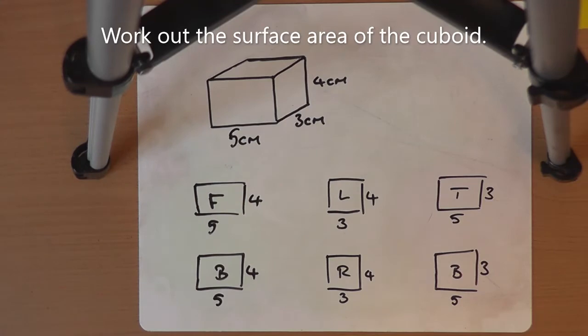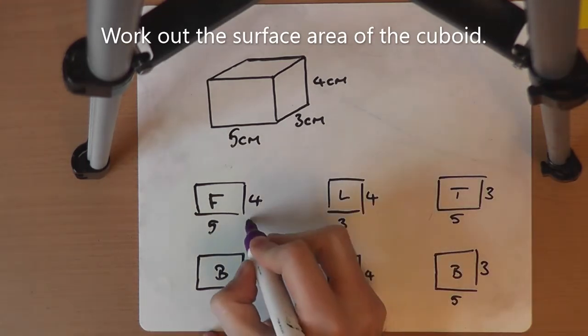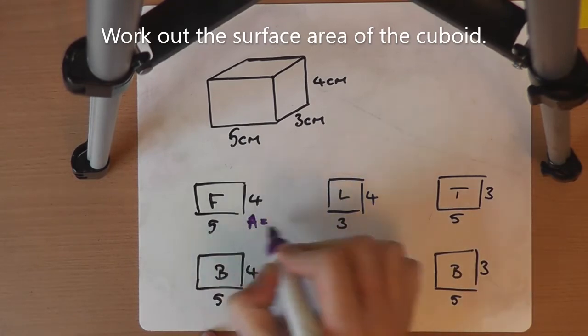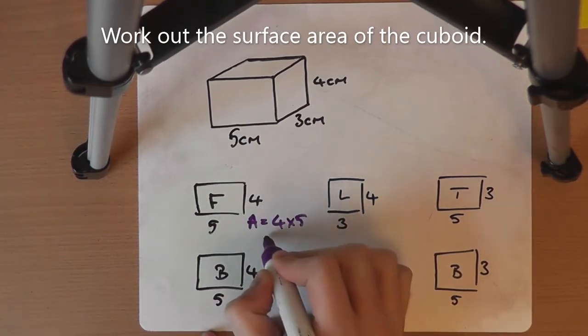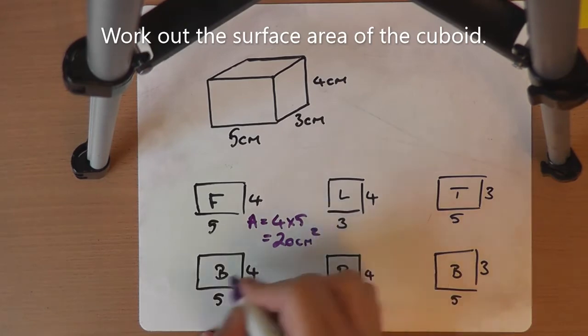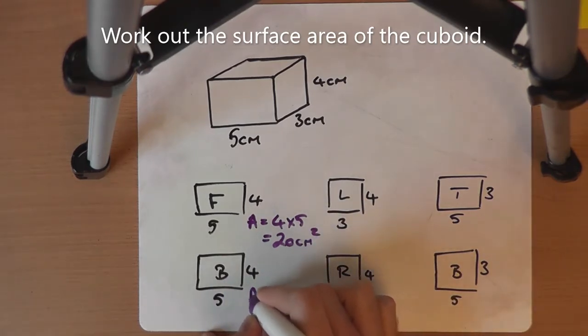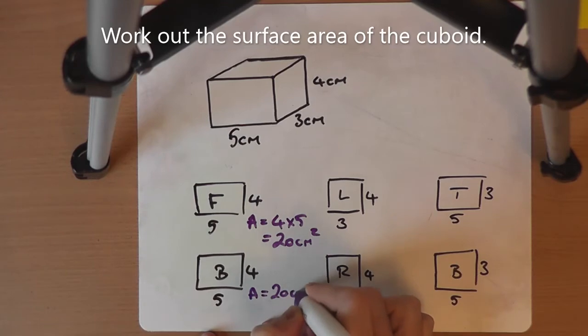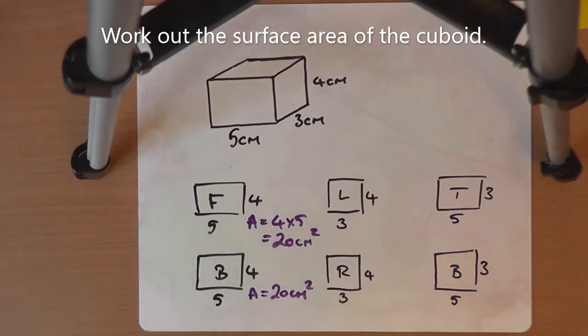We simply need to work out the area of each of those, however we normally would for that kind of shape. So for a rectangle, we simply need to take the across measure and the up-down measure and multiply them together. So that means the area here will be 4 times 5 is 20 centimetres squared. The area for the base, in fact, will be the same. It will be 20 centimetres squared as well.